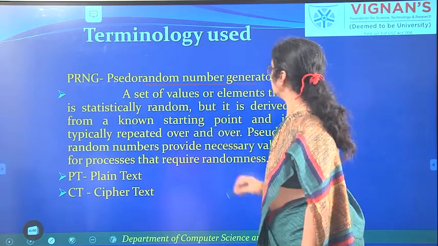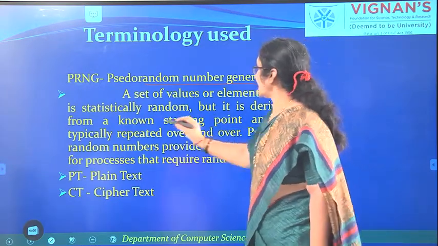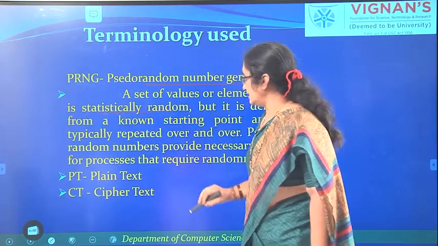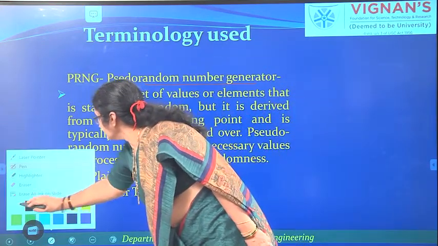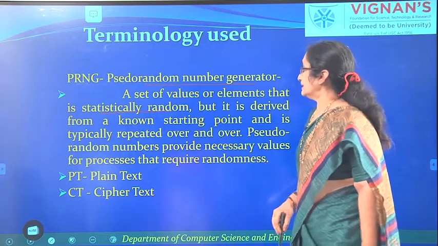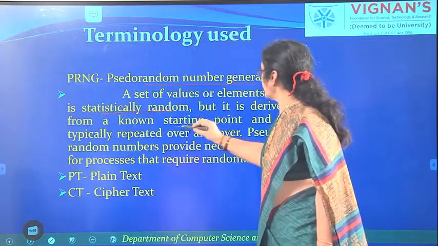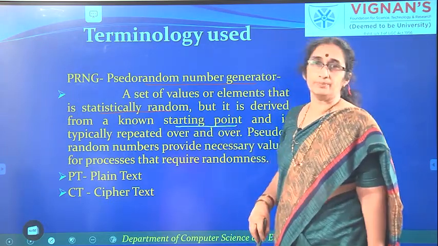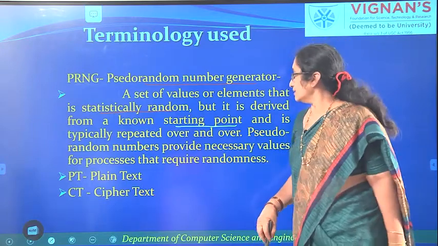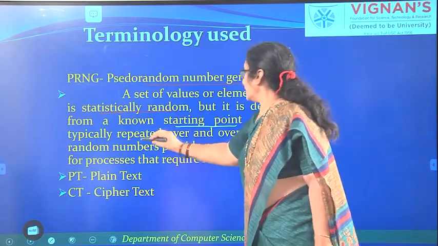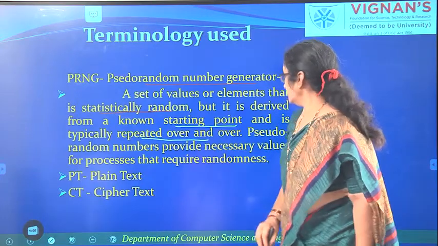It is a set of values or elements that is statistically random, and it is derived from a starting point. Starting point is nothing but the key you input, and it is repeated over, so continuously you can generate the data.